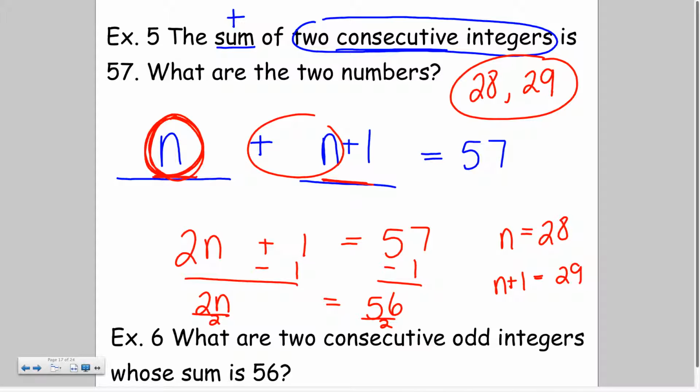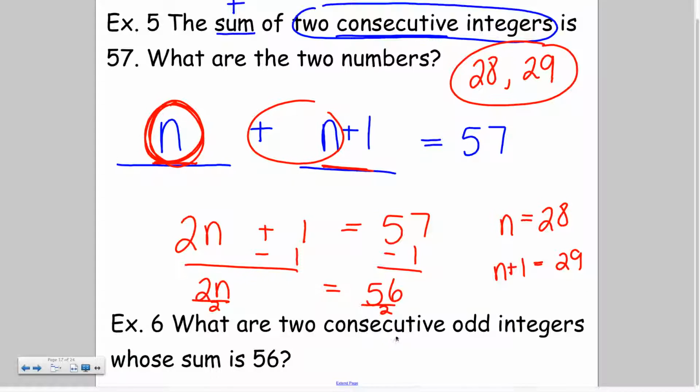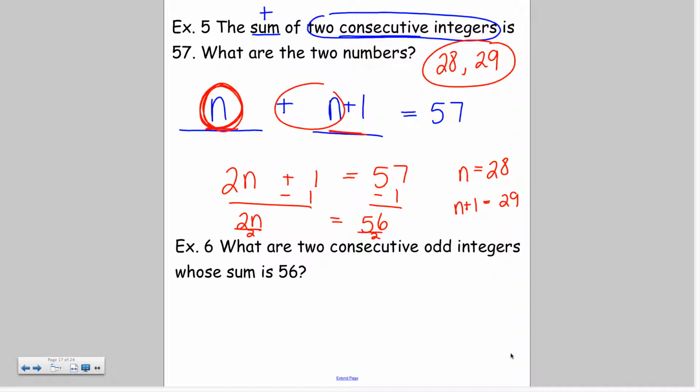Now we'll look at example 6. This time it tells us specifically that we have odd integers. So whatever your answers are, they should be odd numbers. But again, we're talking about 2 numbers, and we're talking about the sum.